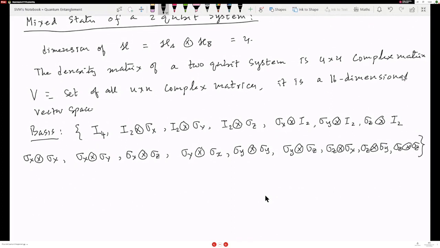Now you can see that we have 16 matrices. So this is a basis.